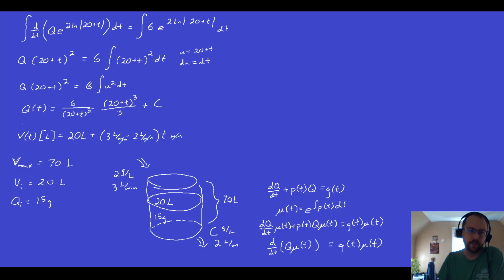So we have a term 6 times u cubed over 3 is one term, and then c is the other term. So this has to go to both. So c will be over (20 plus t) squared. There we go. That looks better.